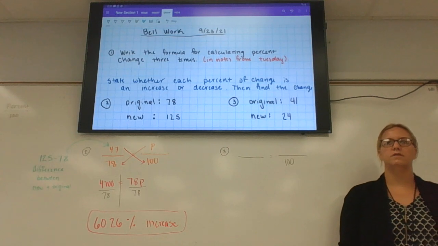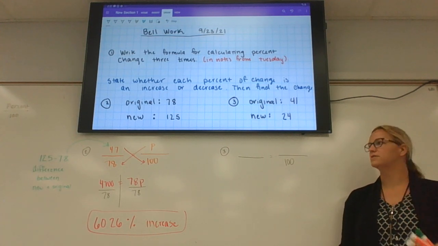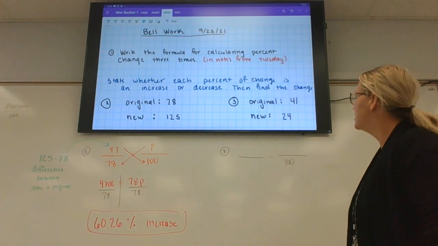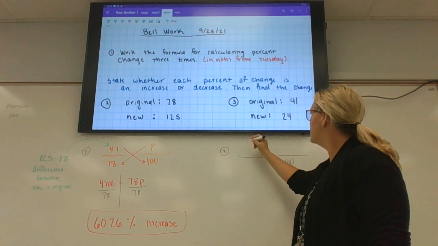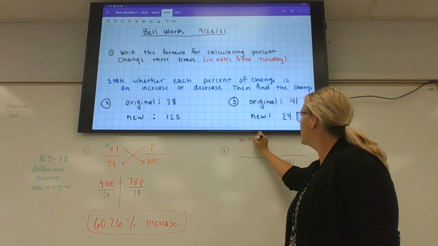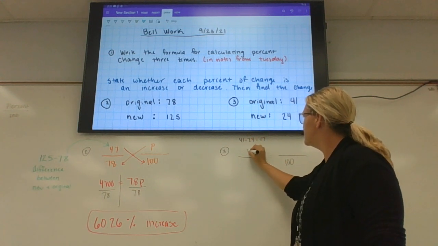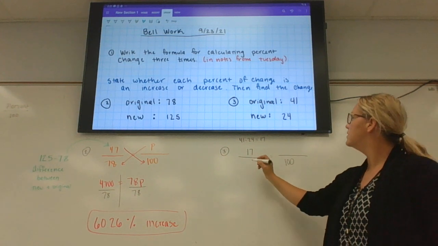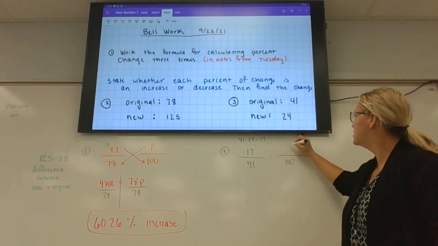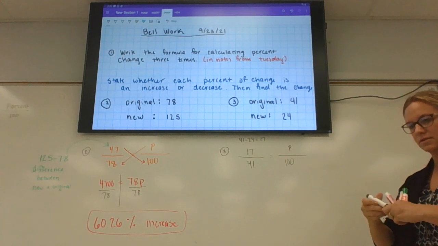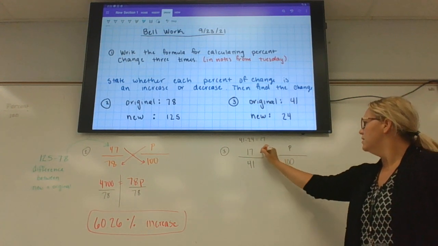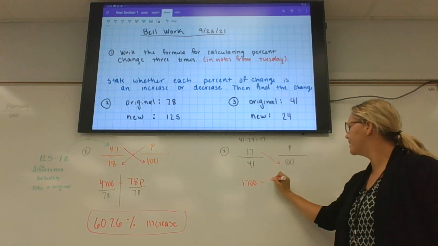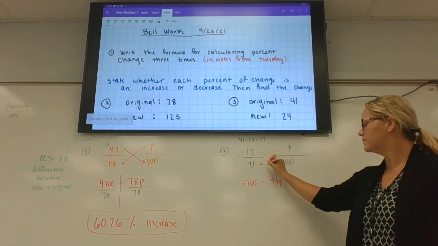Okay, going down the line. Lauren's next. Lauren, can you set up our proportion? Okay, so 17 is our first numerator. Nice. Good.